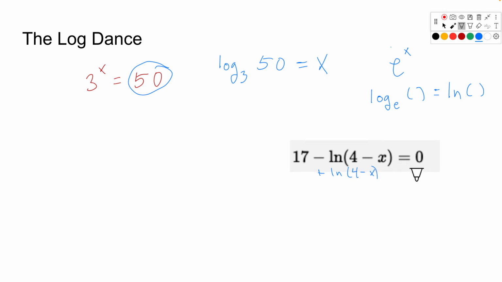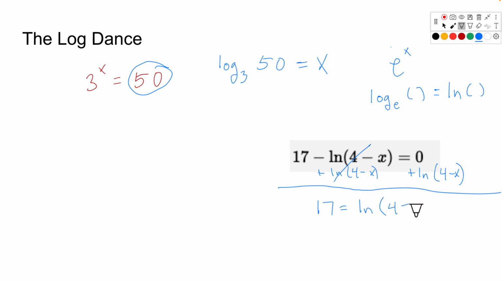And it'll set it up nicely. Or just kind of move it over there if you want. You don't always have to do this as we've been doing. But I just want to show this is the math I'm doing. So a minus and a plus, those become 0. So we get 17 equals the natural log of 4 minus x.